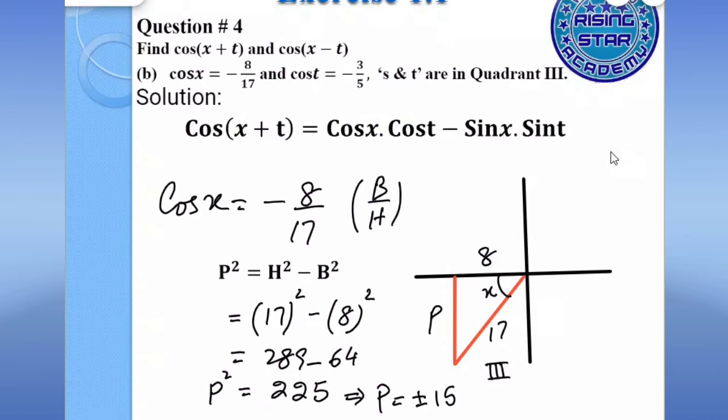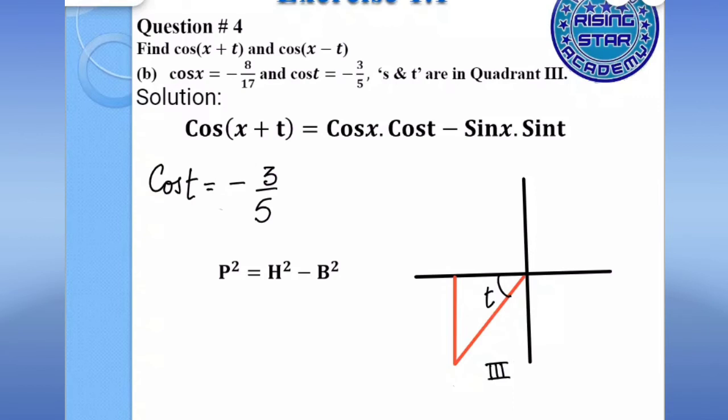So let me write. Now here we have our t function. So cos of t, base over hypotenuse. So here we have angle t and the value of cos t, that is minus 3 by 5. So now the perpendicular we need to find.